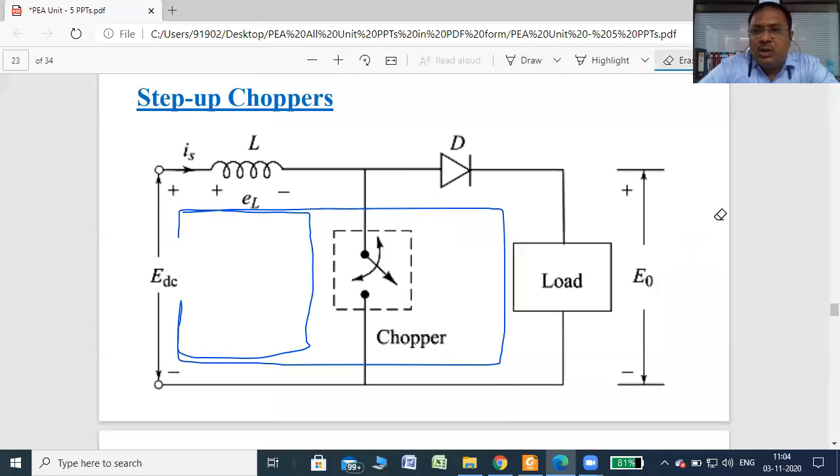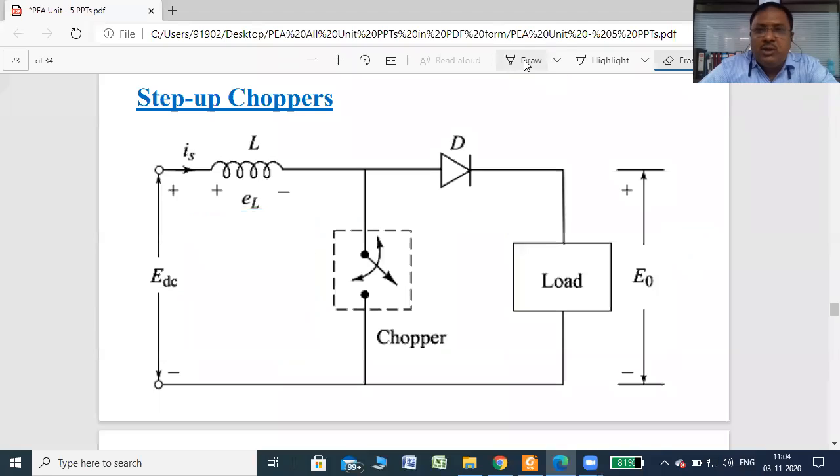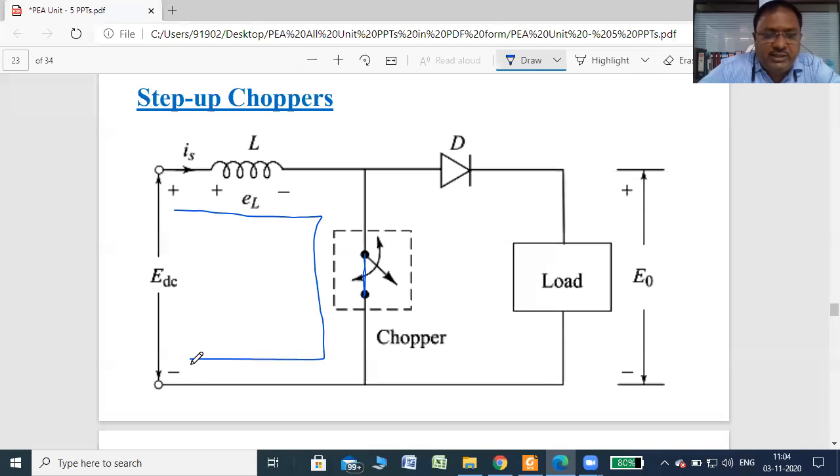Okay, so right now I'll explain to you. Kaveri already explained, and it is very close, or maybe you can say correct, right? So I'll just add some points about the working of this circuit. When the switch or chopper is on, the current starts to flow through L, through the chopper, back to the EDC minus.